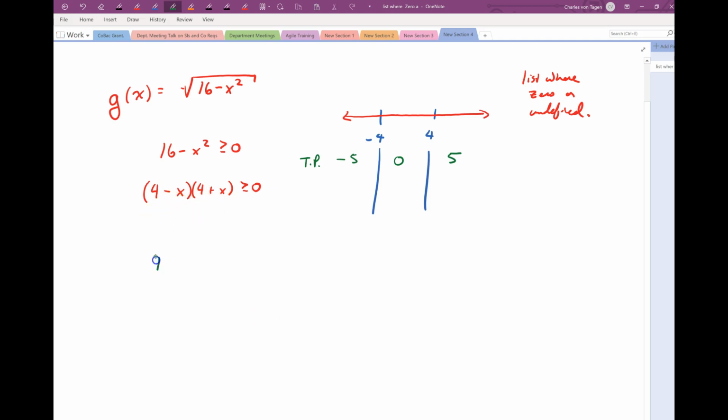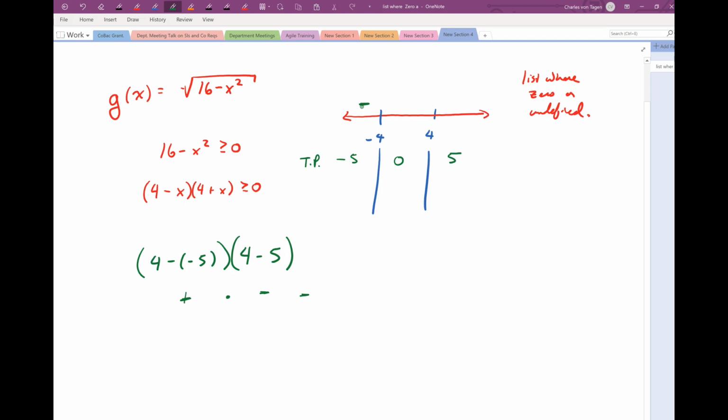So notice if I did 4 minus negative 5 times 4 minus 5, I'm not actually going to compute this. I'm just going to look at the signs of these two expressions. This would be a positive expression because we'd have 4 plus 5. This would be a negative expression, and of course the product of a positive and a negative is negative, which means no matter what I pick for this expression right here, I'm going to get a negative sign.